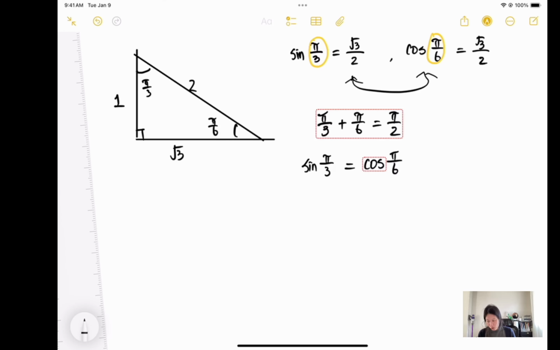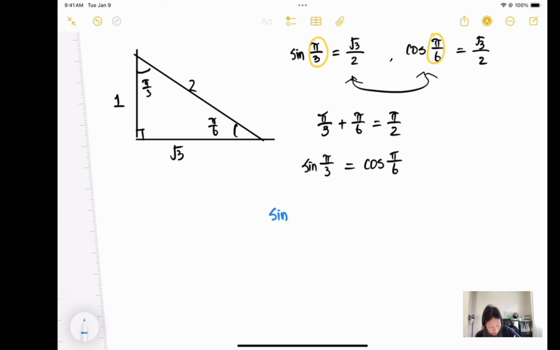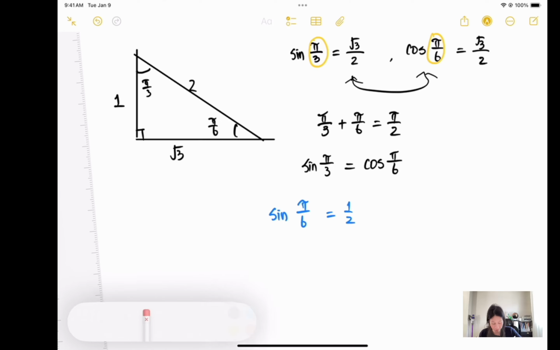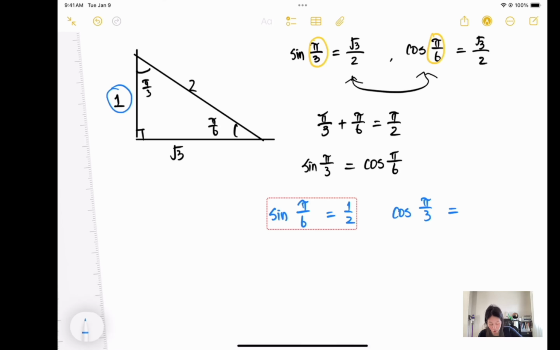Okay, let's look at another example for the same angles. What is sine pi over 6 equal to? Sine pi over 6 is the opposite side over the hypotenuse, which is 1/2. And cosine pi over 3 is the adjacent side over the hypotenuse, which is 1/2.